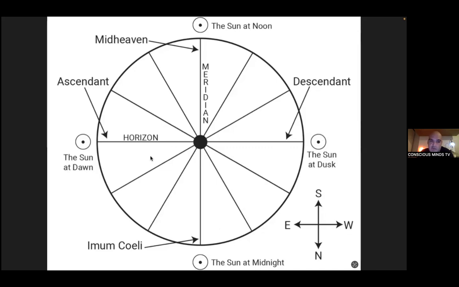And this is house 1, 2, 3, 4, 5, 6, 7, 8, 9, 10, 11, 12. The sun rises from left to right for us in the northern hemisphere, but if you're in the southern hemisphere, it's the opposite way round. We're going to be concentrating on it from a northern hemisphere perspective. So the sun travels up here, gets here at noon, then it sets, and this is the midnight point.